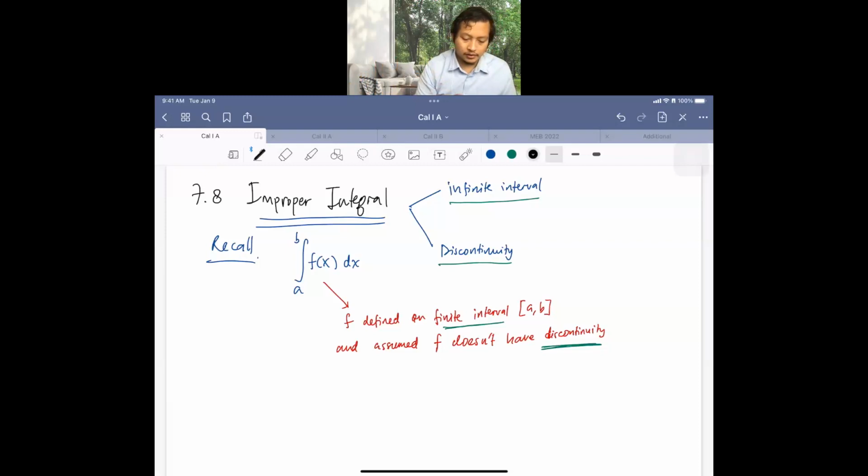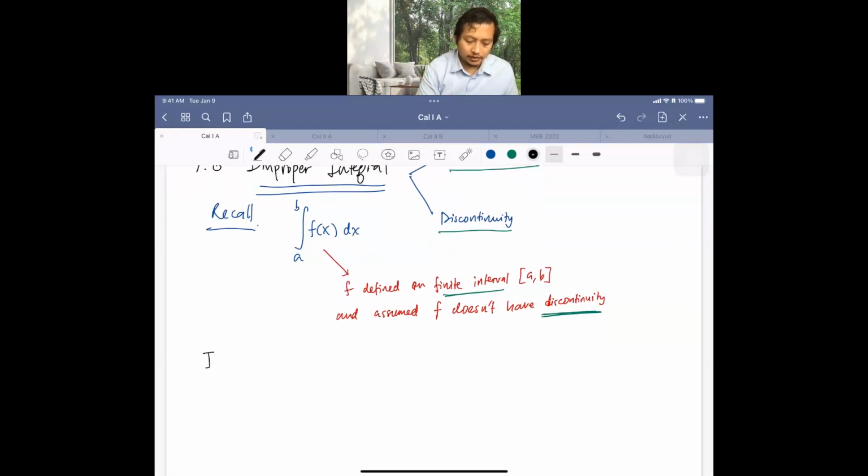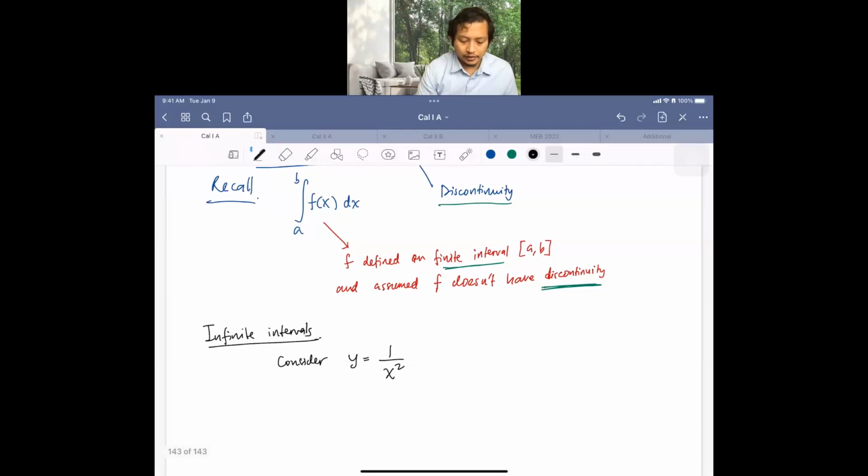Now to begin, let's start from the infinite interval. Consider our function 1 over x squared. Let's say we are going to evaluate the area under 1 over x squared from 1 until some constant t.